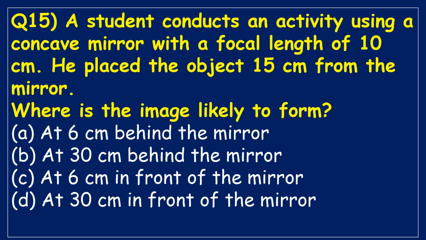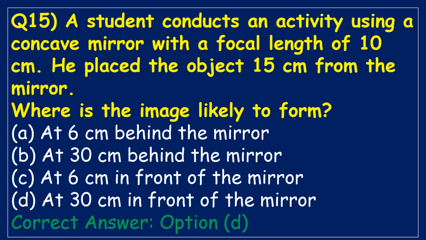At 6 centimeter in front of the mirror, maybe, and at 30 centimeter in front of the mirror. So see, when object is in between C and F, image will be behind the center of the curvature. Its size will be double to that one. Now your option is at 30 centimeter in front of the mirror. That means object and image are on the same side.